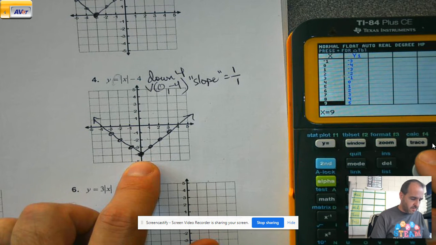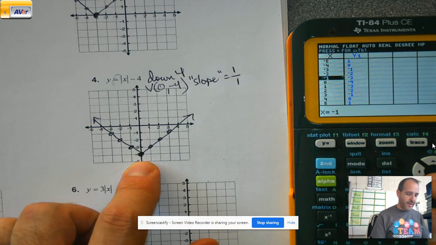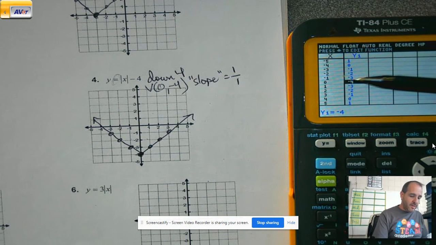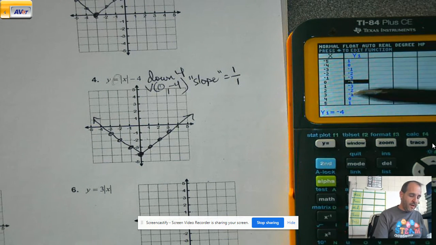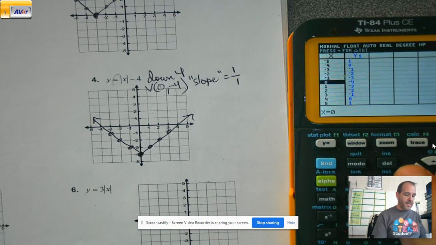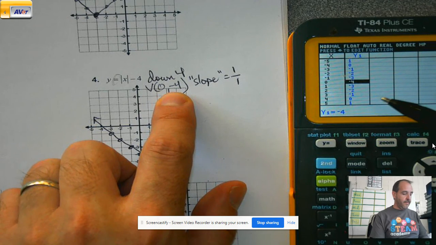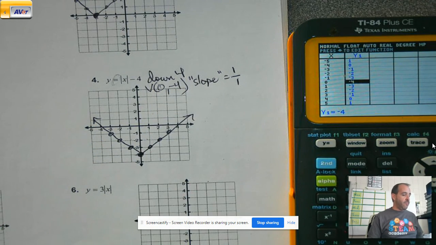I know 0, -4 is my middle. Okay, there we go. Sorry about that. So I see my same numbers, -3, -2, -1, 0, 1, under both. There's my vertex at 0, -4, I have my symmetry, and all of my points will match up.